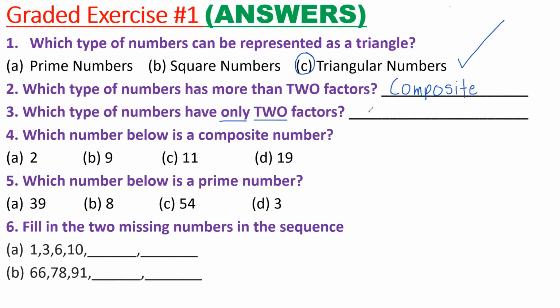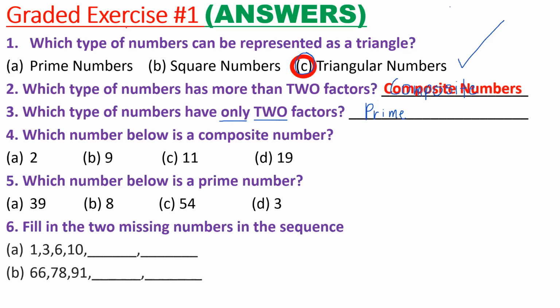Okay, good. Number 3. Which type of numbers have only 2 factors? Prime numbers. Prime numbers, very good. Prime numbers have only 2 factors. That's correct.